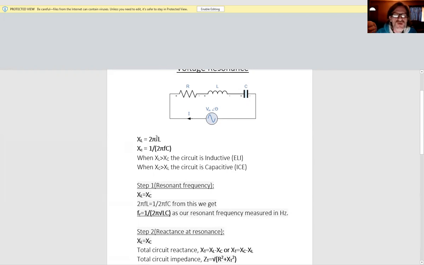If we look at inductive reactance, as we drive frequency up, we expect the inductive reactance to rise as well. As a broad statement, the higher the frequency, the higher the inductive reactance. Now, capacitive reactance is almost the opposite, as we have an inverse relationship.